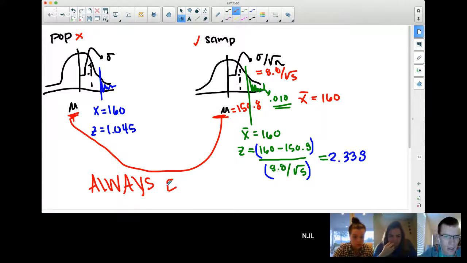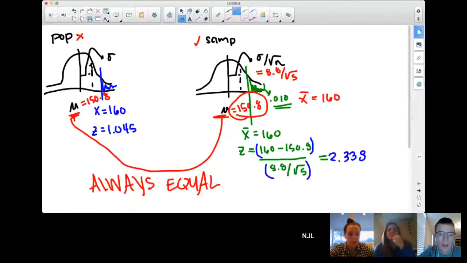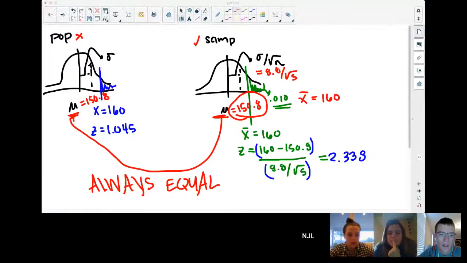They're equal. This one's 150.8. This one's 150.8. They should be centered around the exact same value. If it's the true value, it's always going to be centered around it.